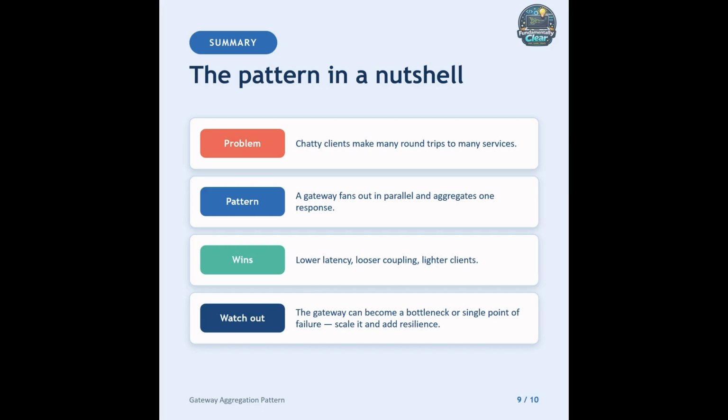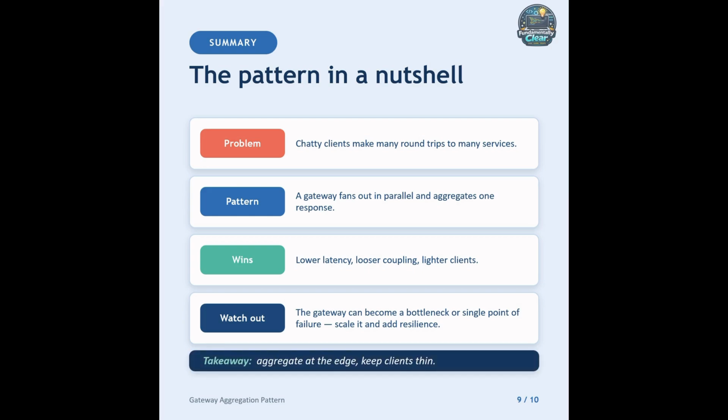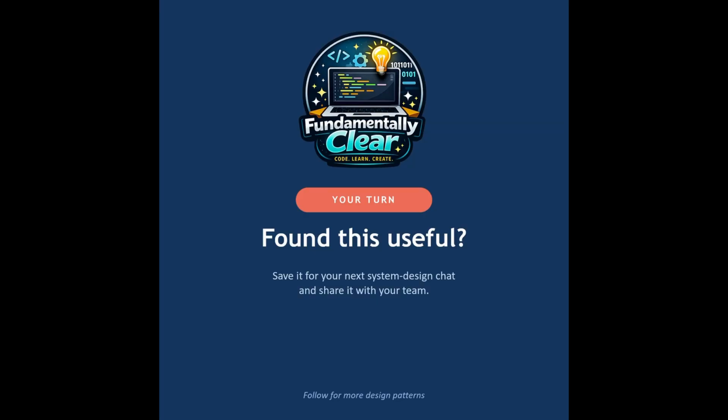And watch out for the gateway becoming a bottleneck or a single point of failure. Scale it, add resilience. And the one thing to remember from this entire deck: aggregate at the edge, keep clients thin. Next up, gateway offloading, where we look at what else you can push off the client and onto the gateway.